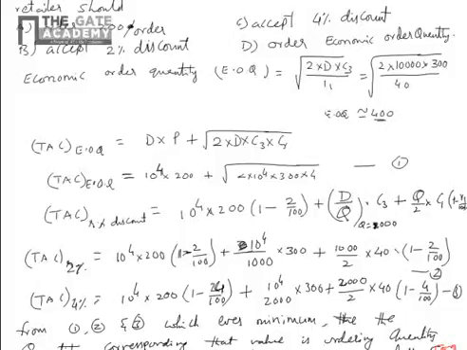So as the order quantity increases, the price of the item decreases. But you have to order a quantity where the cost is minimum, because optimum generally means minimum cost. That is called optimum order quantity.